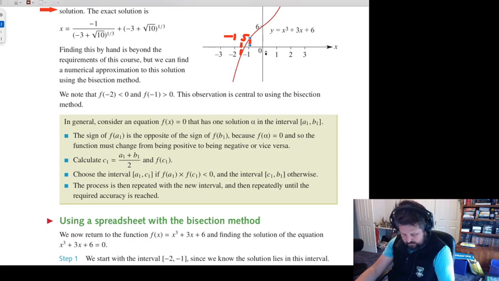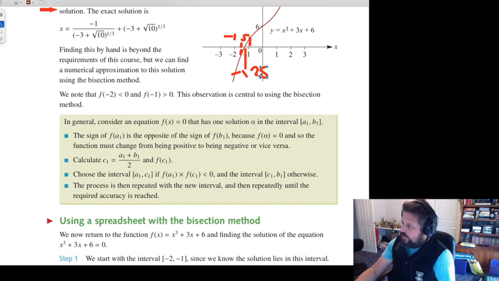The midpoint between these is negative 1.25, which is in between those.